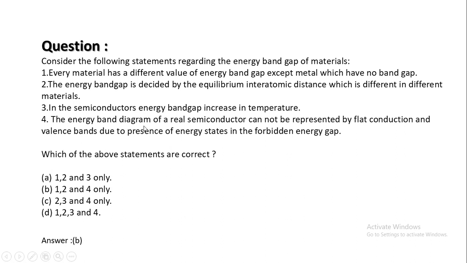In a semiconductor, the energy band gap increases as you increase the temperature. Guys, we already discussed that if you increase the temperature, the energy band gap of a semiconductor decreases, not increases. So your third option is wrong, from our previous discussion.